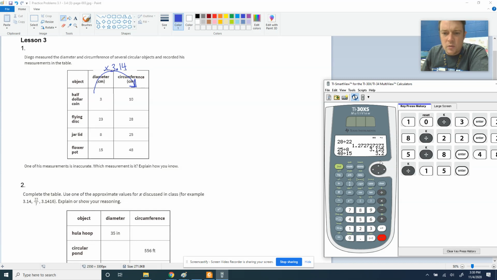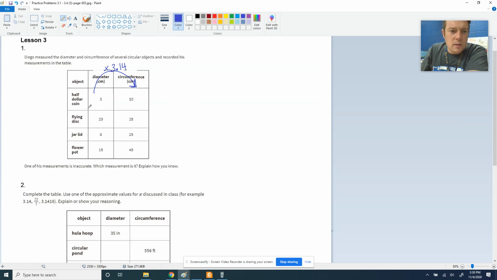If we look at all those, you see how all of them but this second one came out pretty close to 3 point something, close to like 3.1, 3.2, 3.3. That means he probably did a good job of measuring those, but this flying disc right here, since 28 divided by 23 is like 1 point something, that's not close to pi.